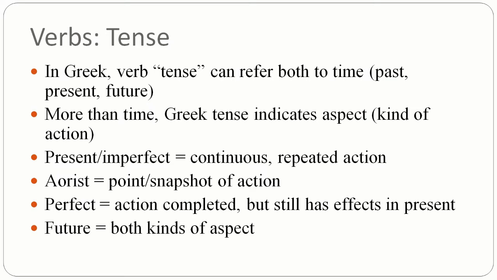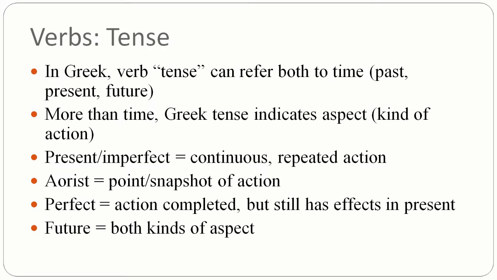Normally this indicates something that happened repeatedly or over a period of time continuously. The aorist tense is the opposite of that. The aorist tense is your snapshot. Just a point in time, and we're not dealing at all with time passing or any kind of continuity.